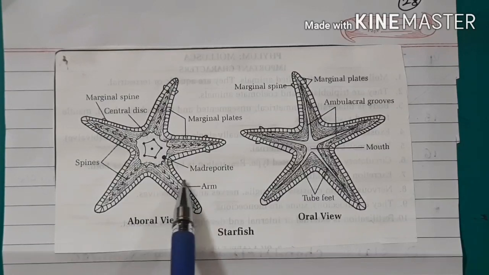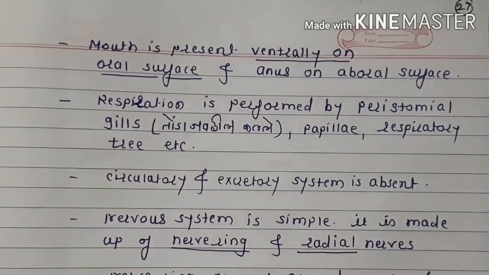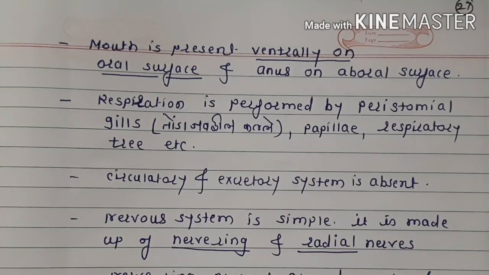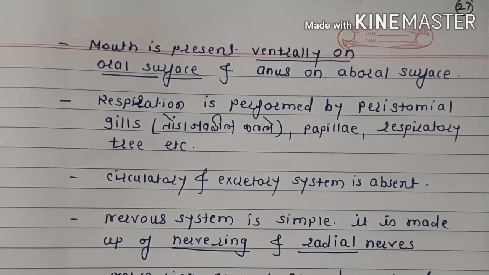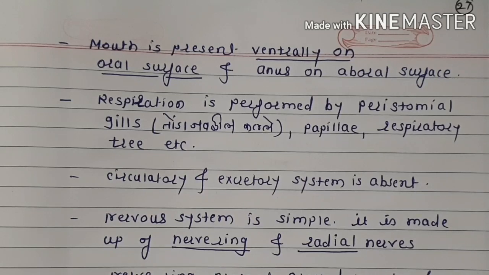Madreporite is useful for locomotion, food capturing, respiration, etc. Mouth is present ventrally on oral surface. Respiration is performed by peristomial gills, papulae, respiratory tree, etc. Circulatory and excretory system is absent.